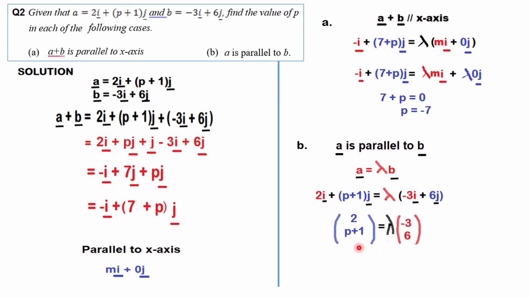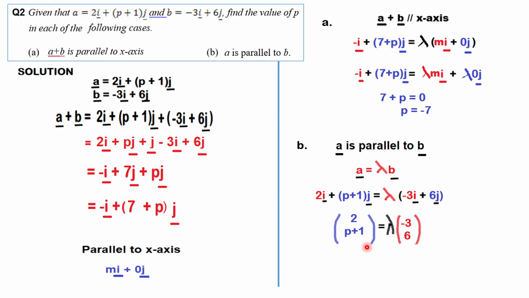I prefer to use column form actually, because it is cleaner and clearer to see the solution compared to when you use vector i and j. So here, in order to find the value p, I'm just going to cross multiply. Remember, here I've already changed the i and j vector to column form.